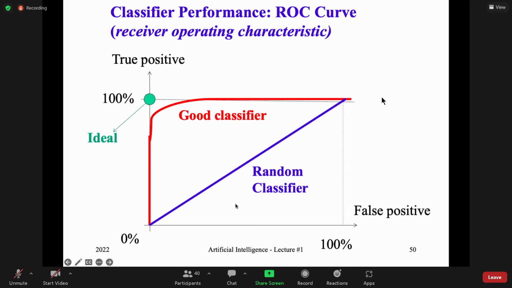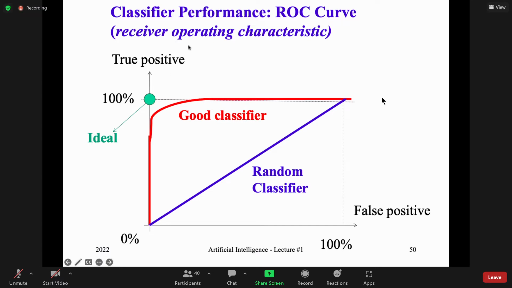So the classifier does not work, it's random. So we have to be on the left part here, and ideally here. That is the second metric that we have, the ROC curve.